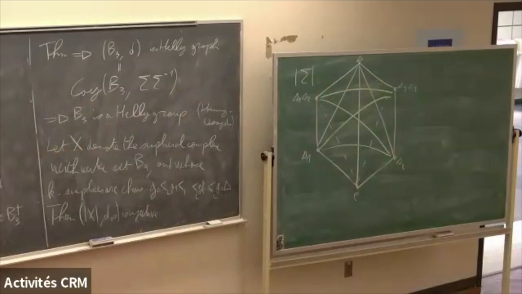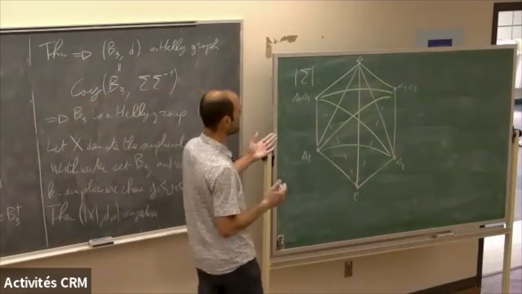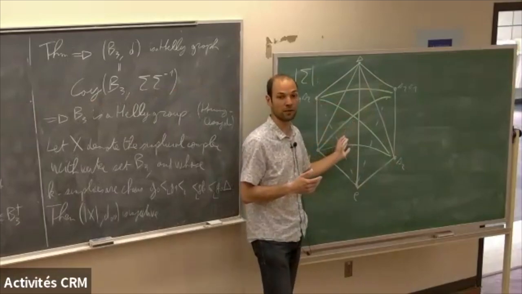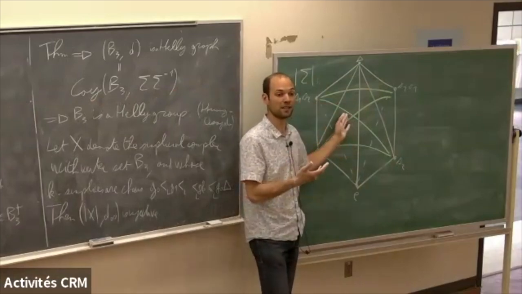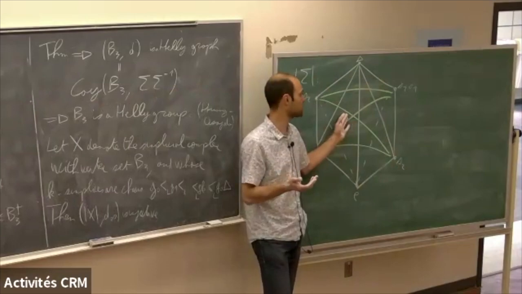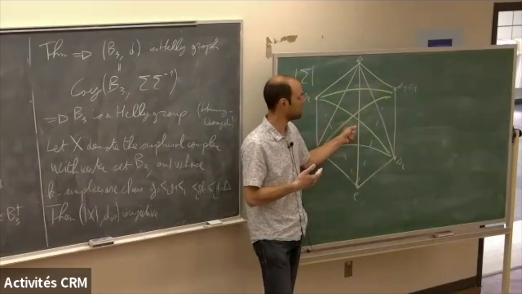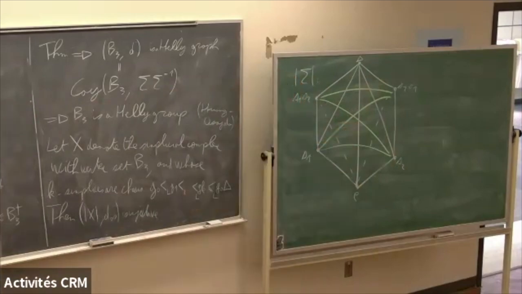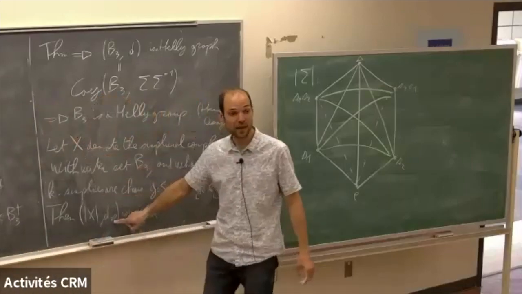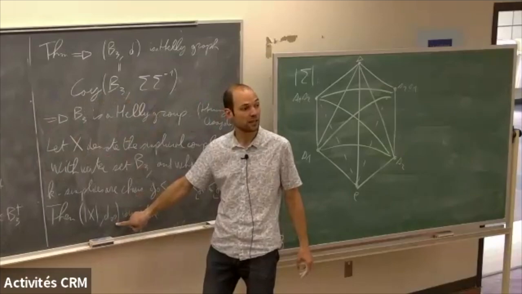And depending on your taste, it could be more interesting to have one structure or the other. And this applies also to the locally infinite case, like the Artin complex, for which the Helly graph is locally infinite, but the underlying injective metric space is finite dimensional. And what's very fun is that if you take this complex, and instead of L-infinity, you put the L2 metric, it is conjectured to be CAT(0).